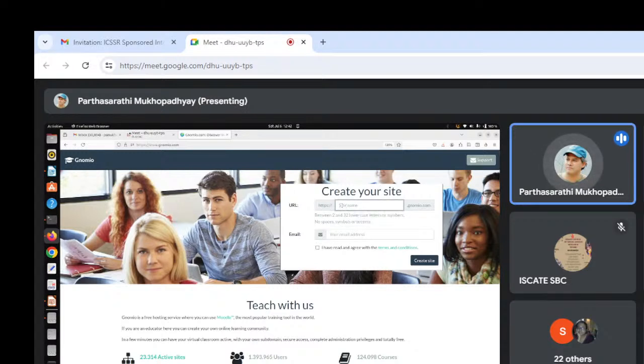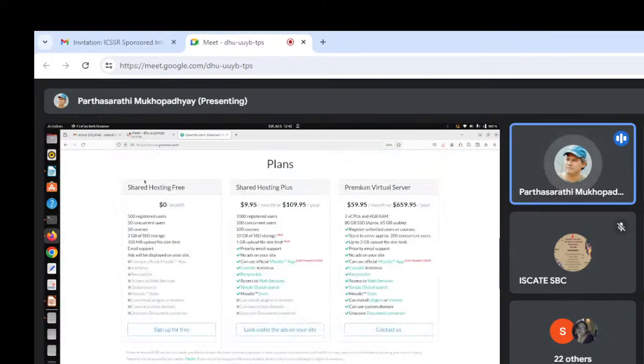You just start a site by giving the site name, your email ID, agreeing with the conditions, and you can opt for the $0 plan. I am presently following the $0 plan. I don't pay anything. So 500 users, 50 courses, 2 GB of SSD storage, all I am getting free.